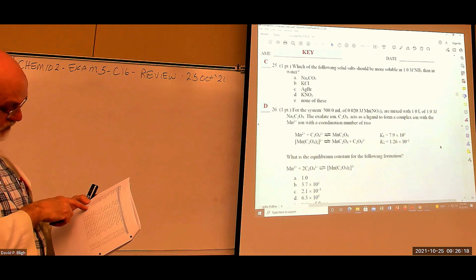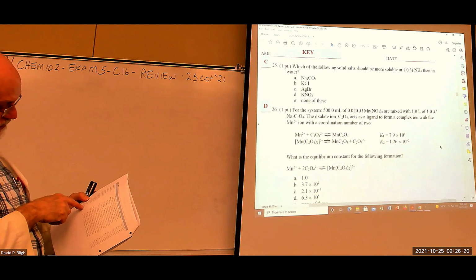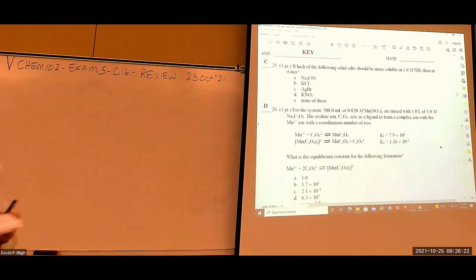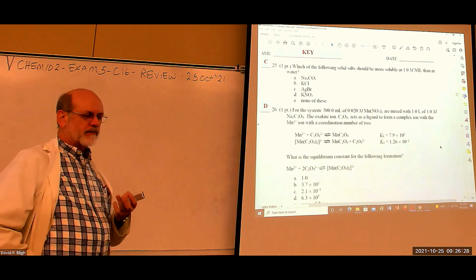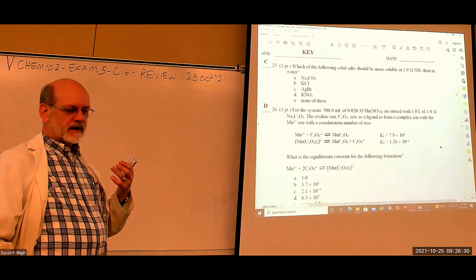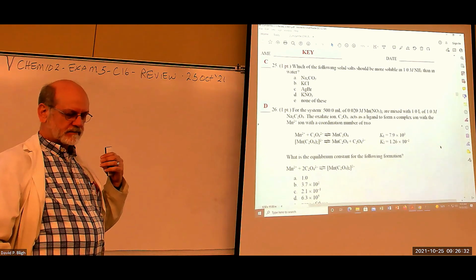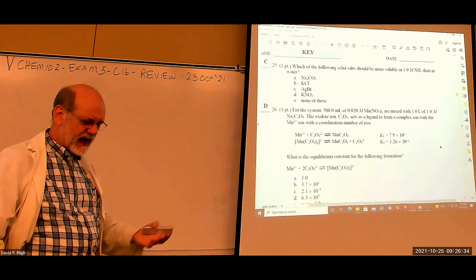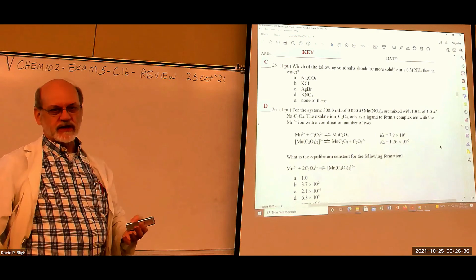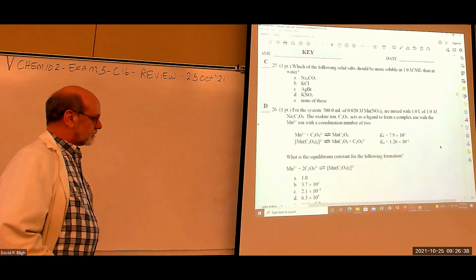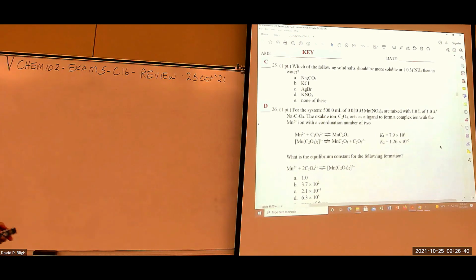There's a nickel in ammonia and a zinc in ammonia. So you could form complex ions with any one of those and increase their solubility if they were combined with an anion that decreased their solubility. Okay.